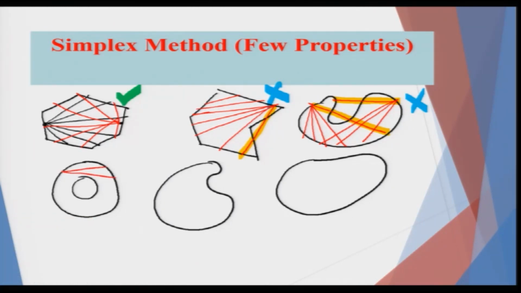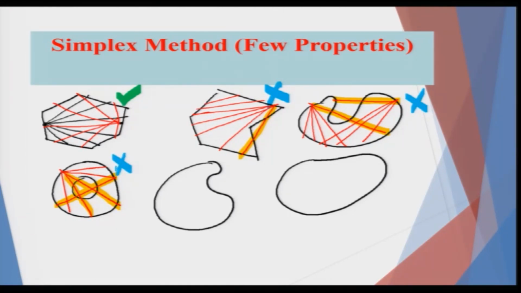Possible, possible, not possible, not possible, possible, not possible. So there are different combinations. The not possible ones, again marked with color: this is not possible, this is not possible, this is not possible. There are other combinations also. So, is this overall region convex? The answer is no.